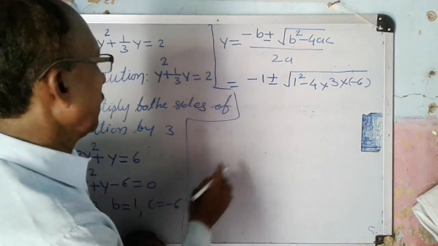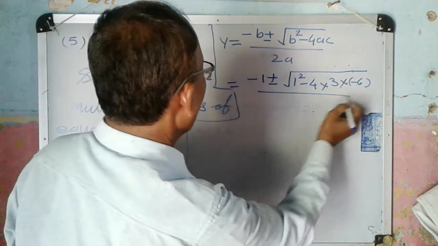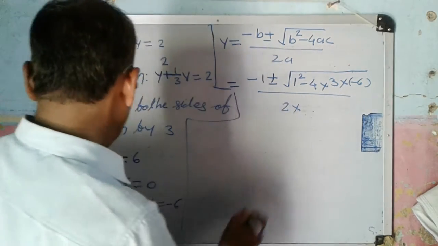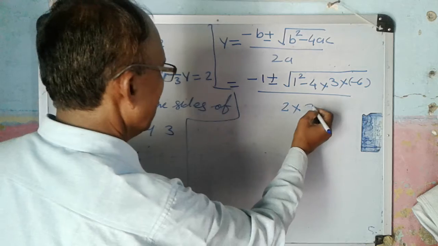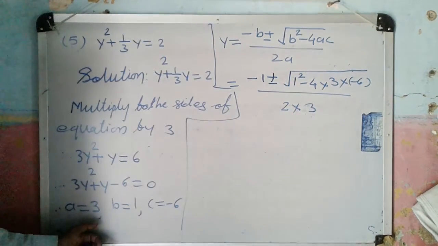So value of c is minus 6 upon 2 into 3. The value of a is 3 here.